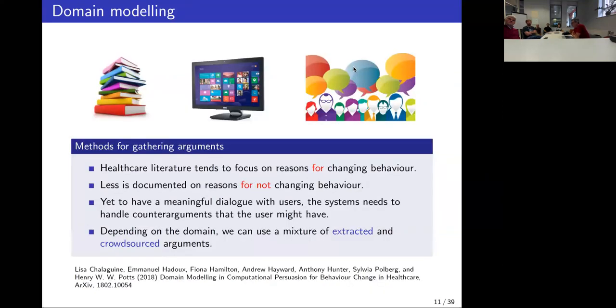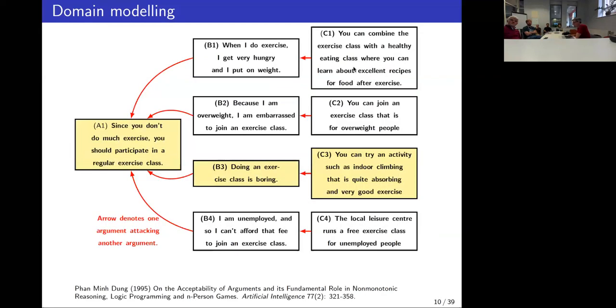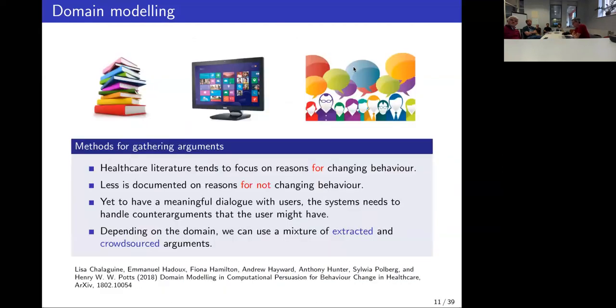Then we wanted to build some demo systems, and I'll say more about this a bit later. So we wanted to build these argument graphs. If you look at the literature, there's actually quite a lot of literature on reasons for changing behavior: reasons for taking exercise, reasons for eating healthily, reasons for taking a vaccine.